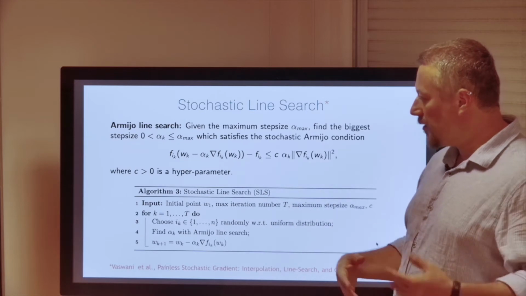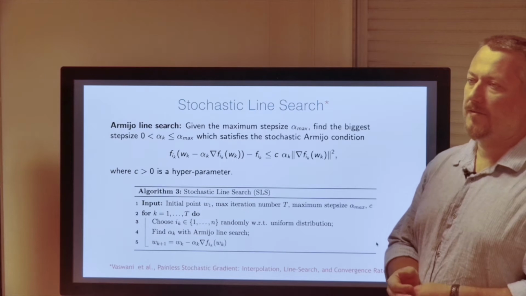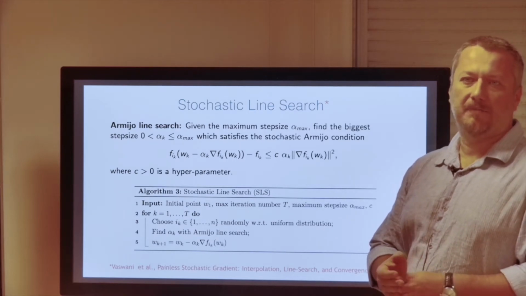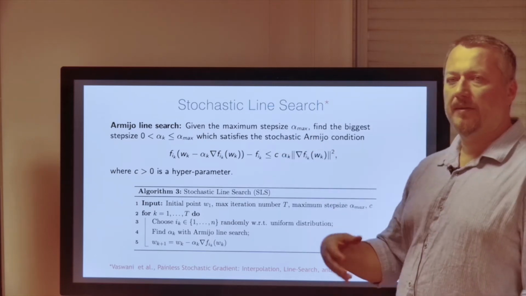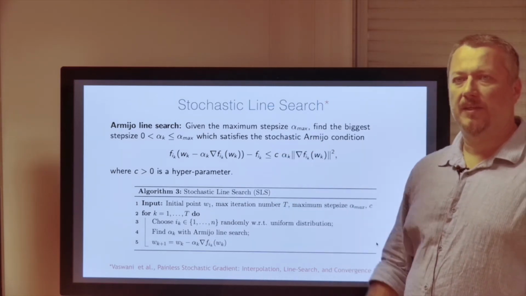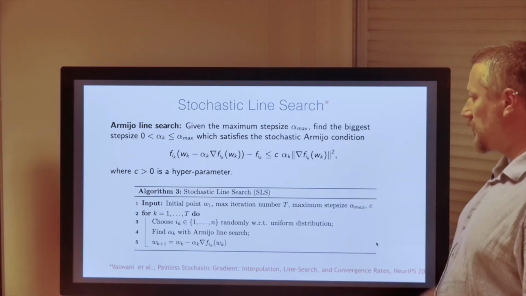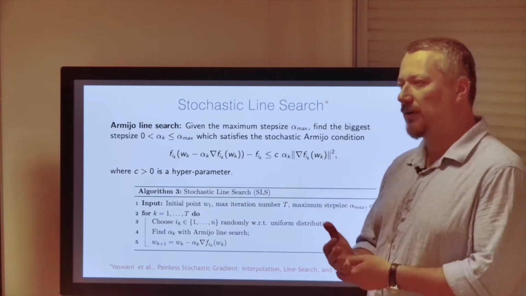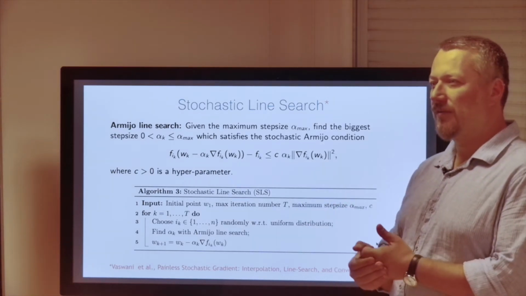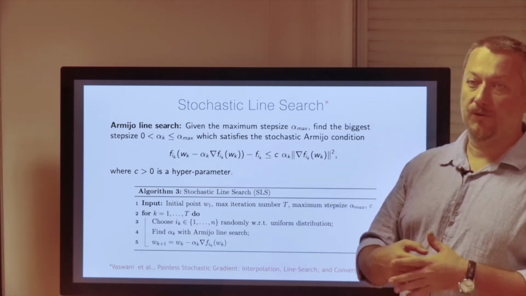So at each step, you choose the best step size that you can get. Best means the biggest step size you can get that results in a sufficient descent in the stochastic function value, not the full function value, because it's very expensive, computer time cost-wise, to calculate the function's value for the whole data.